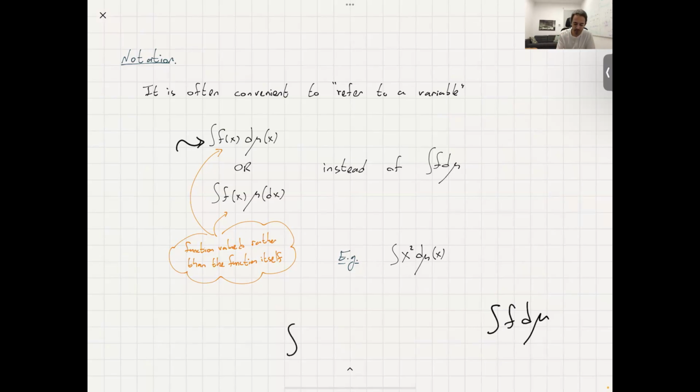For example, when you write an integral of x squared in the usual plain old Riemann integral, we all understand that the function is the one that takes x to x squared, where f of x is x squared. You just put the function value rather than the function itself as the argument for the integral. It's a useful way of working.